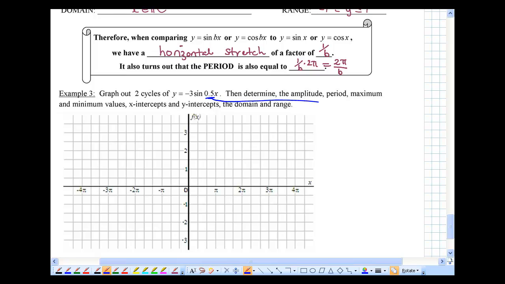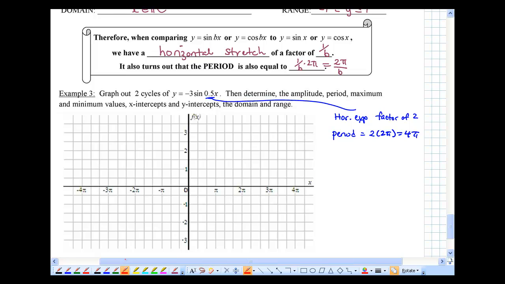Hmm, 0.5, horizontal expansion by a factor of 2. How does that change my period? Well, that just doubles my period. 4 pi. So my graph is pretty wide. Okay.